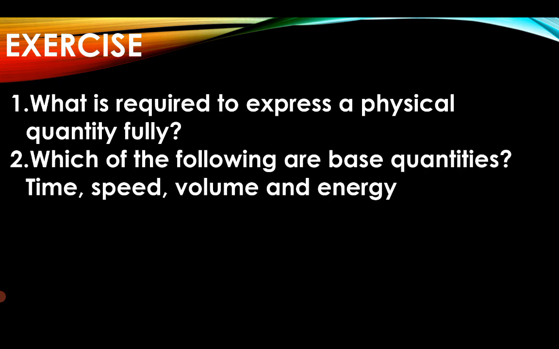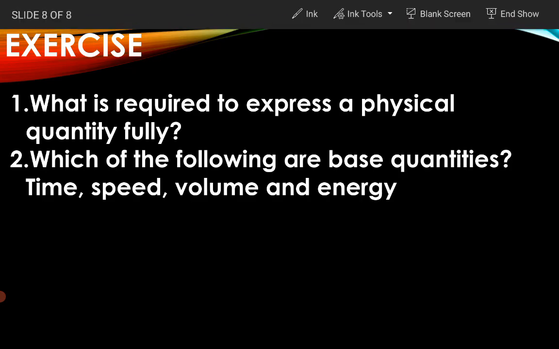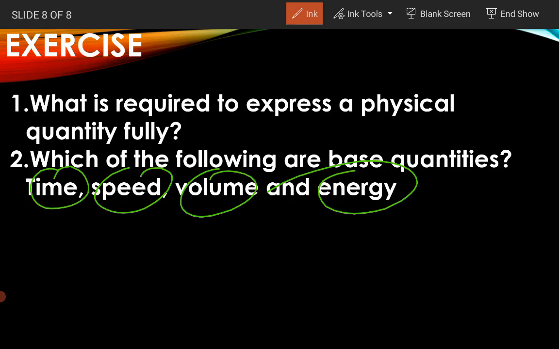Which of the following are base quantities, the basic quantities? We have time, speed, volume, and energy. All you have to do is see which one belongs to the list of those seven quantities, and then you should be able to pick one.